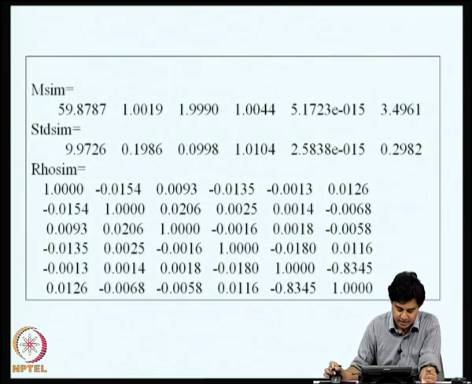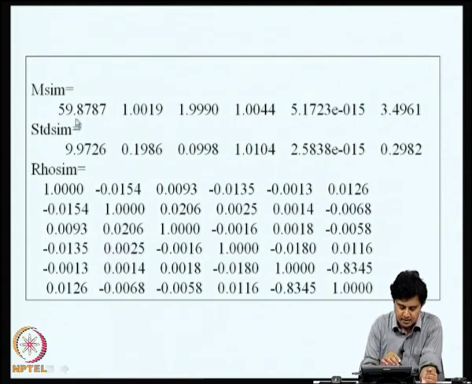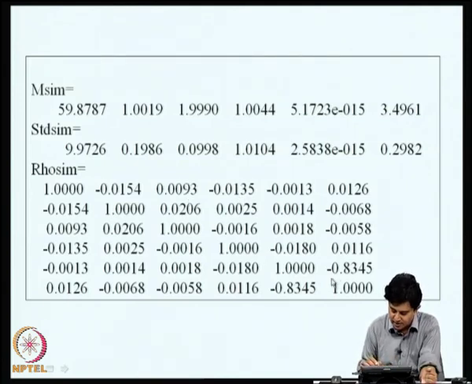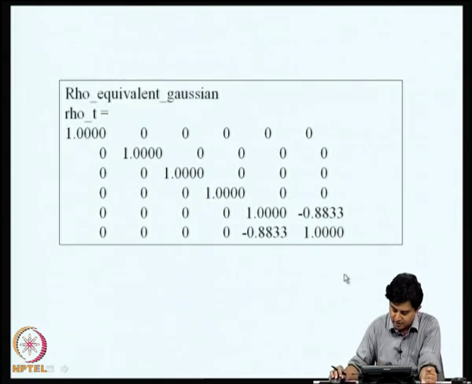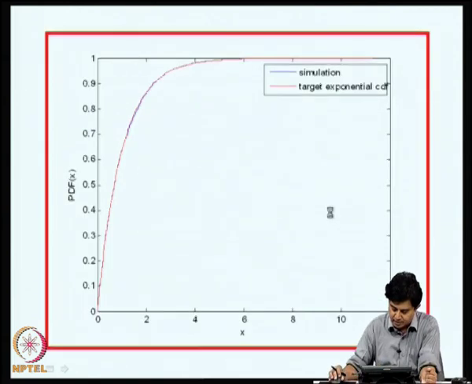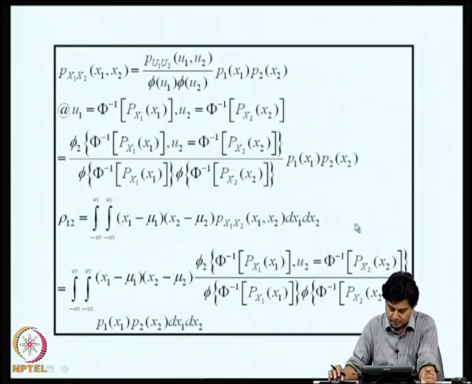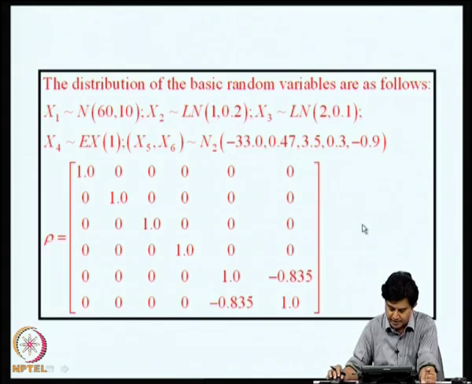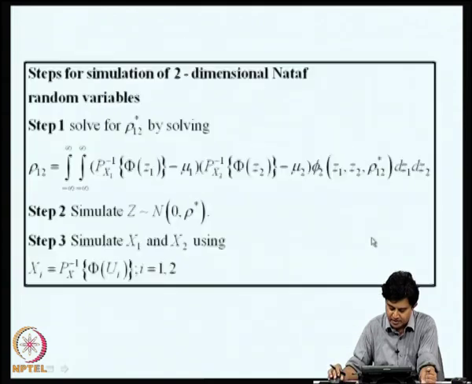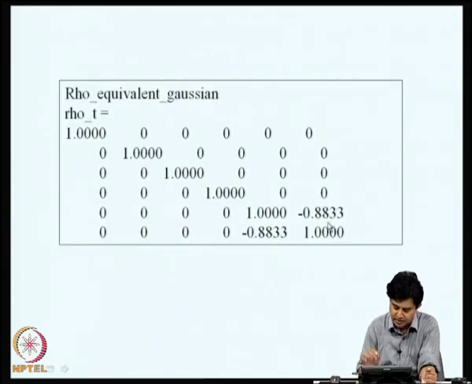So, in the actual simulation that was performed in this exercise, the simulated mean vector is as shown here and standard deviations are here, and in the simulated correlation coefficient matrix all these entries should be 0. These are not strictly 0 because of sampling fluctuations, and along the diagonal of course they are 1, and off diagonal here the target value is 0.835, and what has been realized is pretty much close to that.